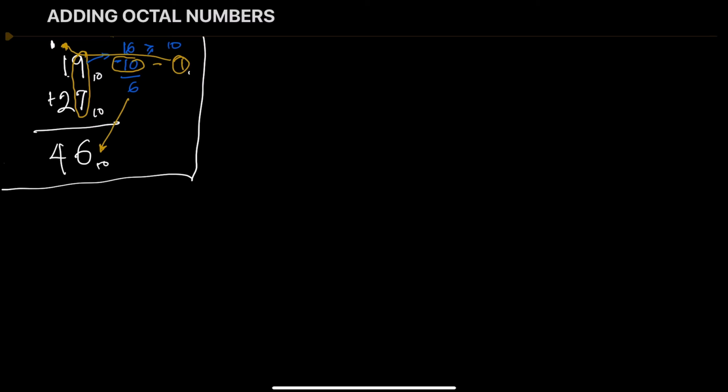An example of an octal number is 677, and we put an 8 as the subscript. This tells the reader that this is a base 8 number. Then we add it to another octal number, 263, and we put an 8 there too.